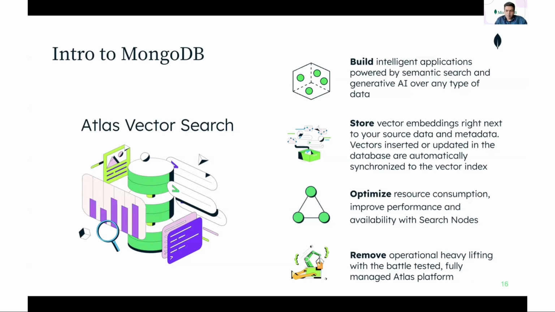So for MongoDB, we had an Atlas vector search in private preview much before ChatGPT became public and vector databases as a category grew that limelight.